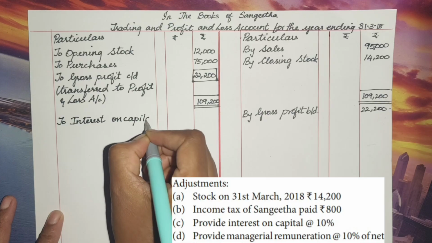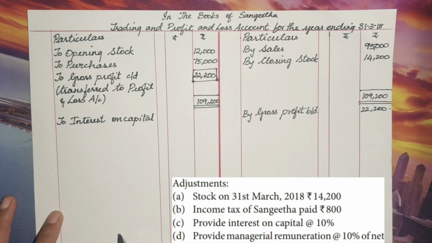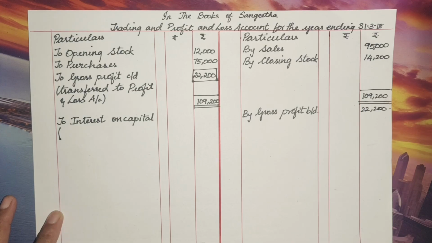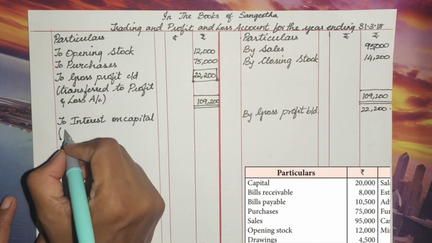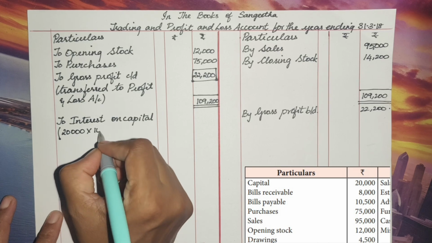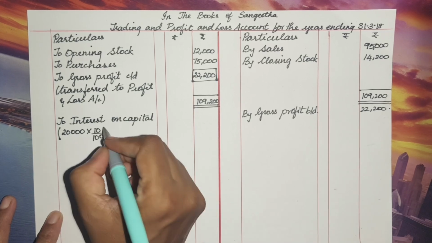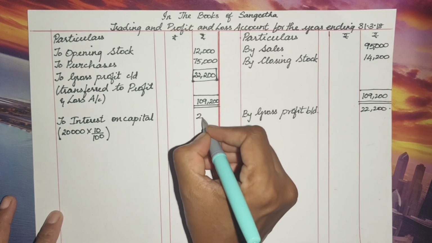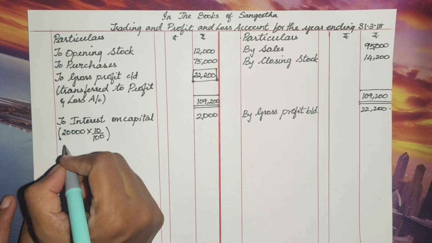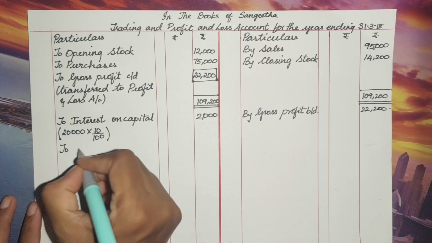Interest on capital will be calculated on the percentage given in the adjustment using the amount of capital. The capital given in the problem is 20,000 and the interest rate is 10%. So simple, just remove one zero from the 20,000, you will get your answer, which is 2,000 rupees. Put it in the outer column.